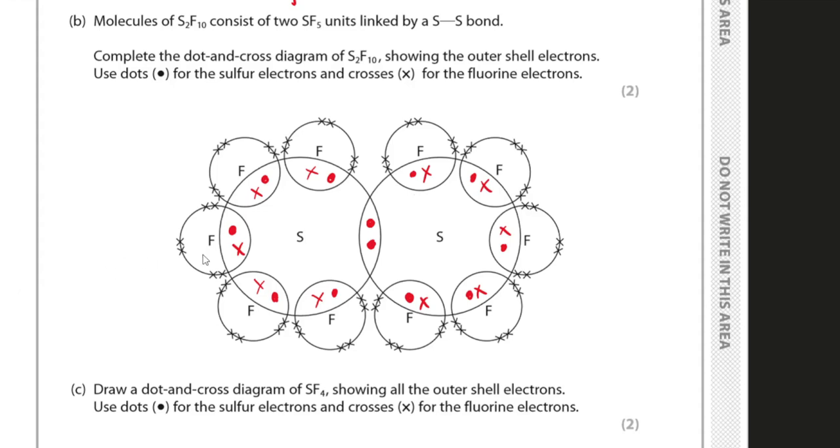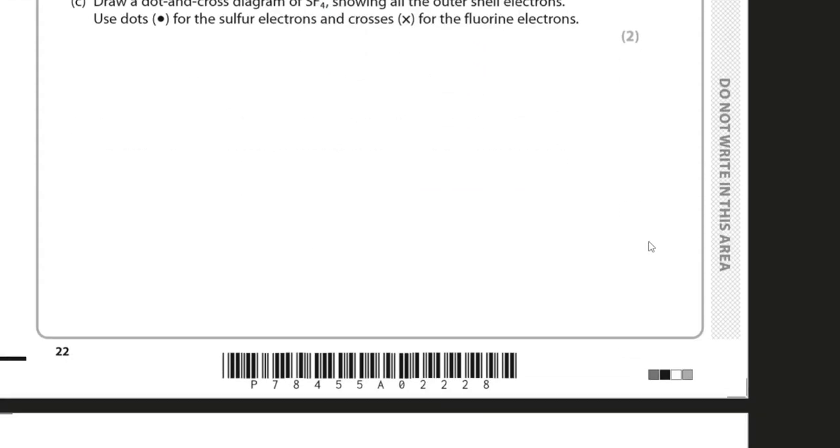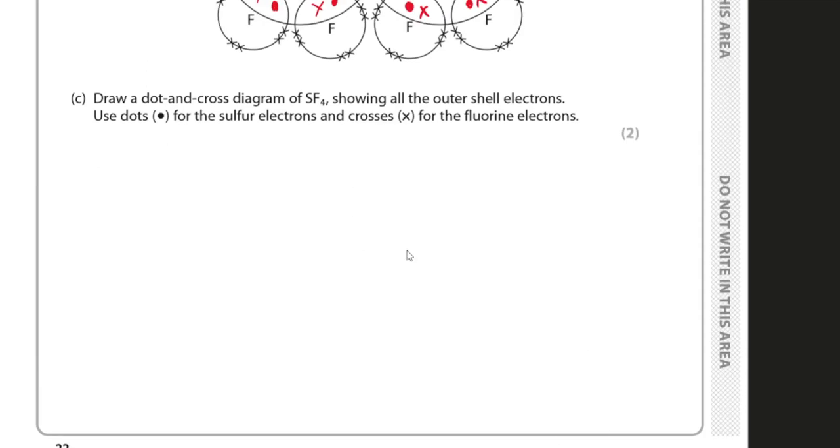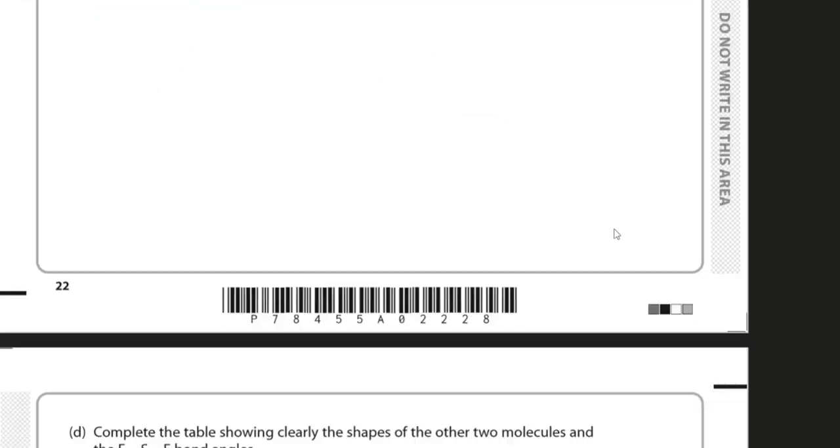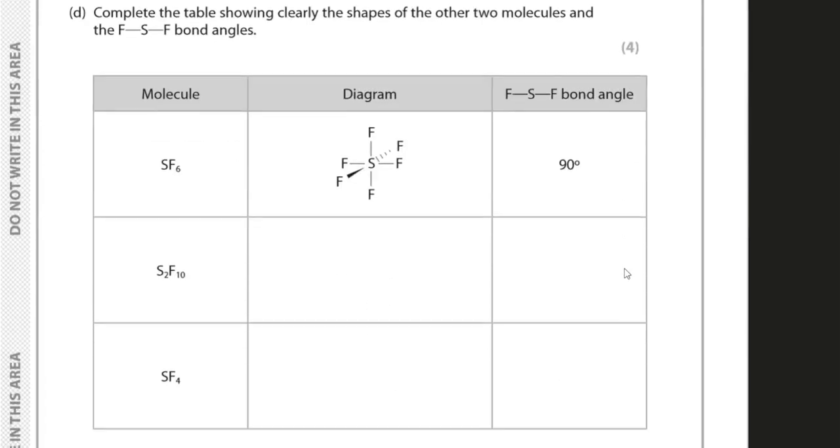As you can see, the electron shells are fully complete for fluorine as well as sulfur. Remember that they told you to use dots for the sulfur electrons and crosses for the fluorine electrons, so that's why I used crosses for the fluorine atoms and dots for the sulfur. This carries 1 mark.